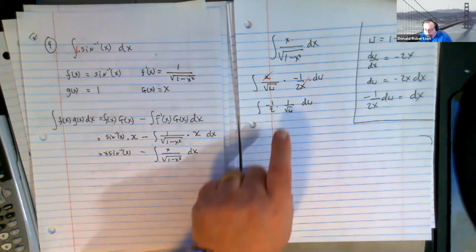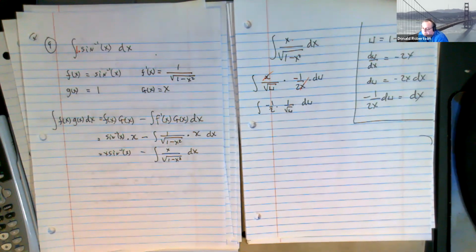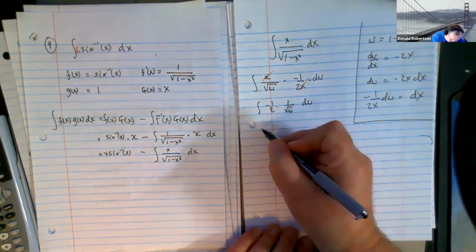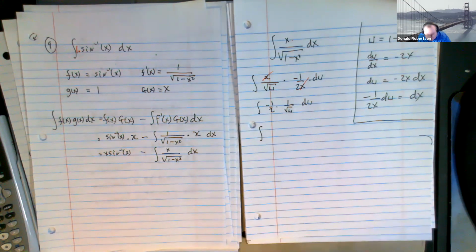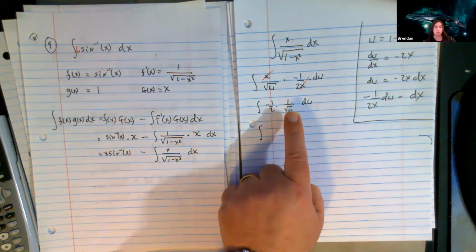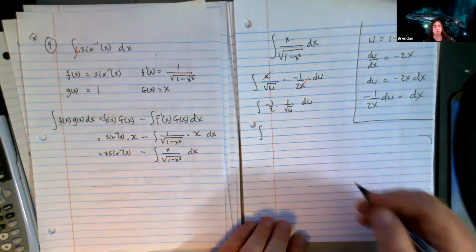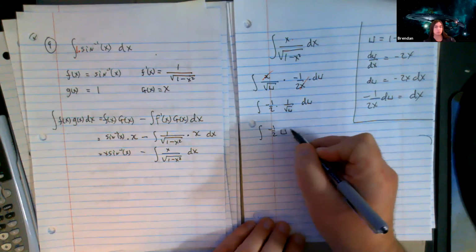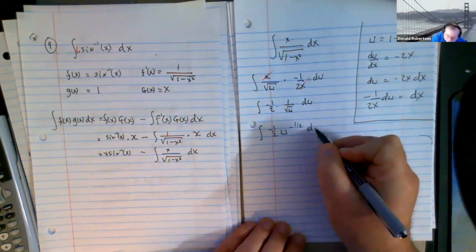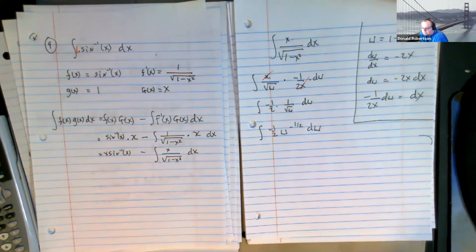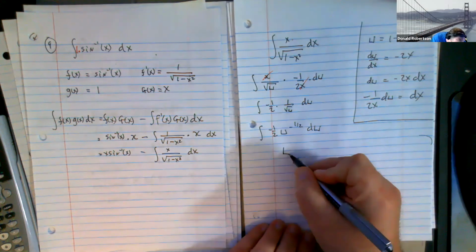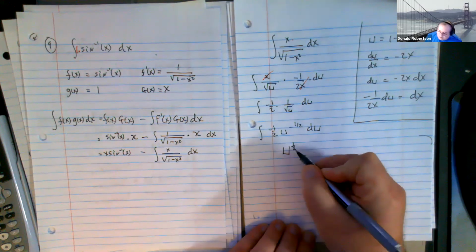Okay, where do you go next? Change the u to the negative 1/2. And I know that we've done 1 over square roots of all sorts of variables, right? So you'll certainly have seen that before. And now you can use the power rule, which means you add 1 to the power, right?